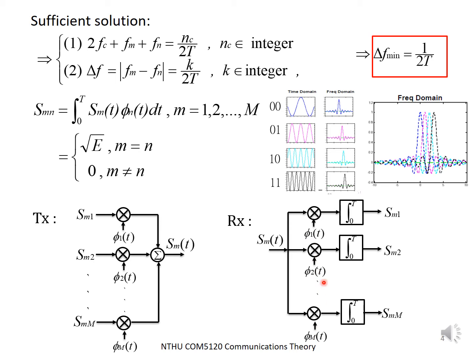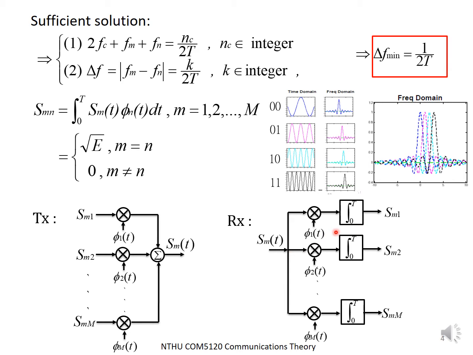These bases would be used to analyze the received signal by doing the projection of the received signal onto each basis: the projection onto basis 1, projection onto basis 2, and so on. By analyzing the projection values on all the bases, we can determine which signal is received.